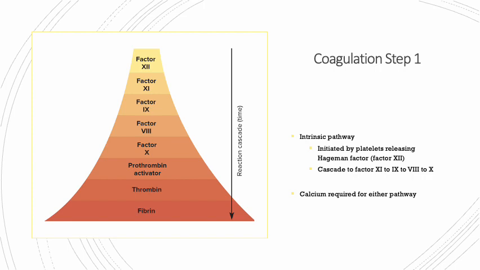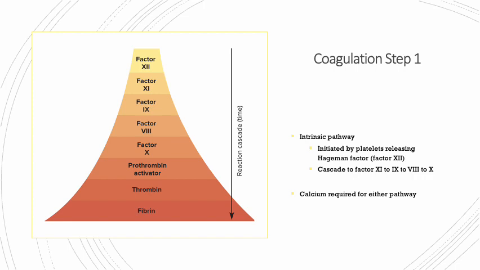You have to go all through these factors, and then it releases the prothrombin that is released when tissues are cut. Then it goes to thrombin and fibrin, and then you have a clot. So when you have a cut, you skip all of these factors and you go right to the prothrombin instead of having to do all the factors above it. But the intrinsic pathway is much slower because there's not an injury.